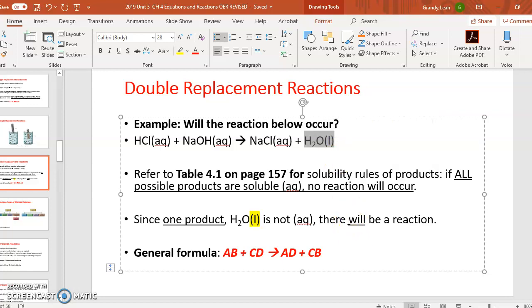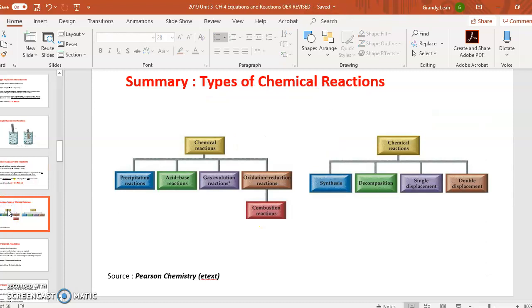I encourage you to have a look at the examples on pages 158 and 159, where you are asked to write equations and to finish reactions, and use that table on 157 and look up the subscripts. Look up right here and right here. If they're both aqueous, a reaction will not occur. If one of them is not aqueous, meaning it's liquid or solid, in those two scenarios, we will say that there is a reaction.